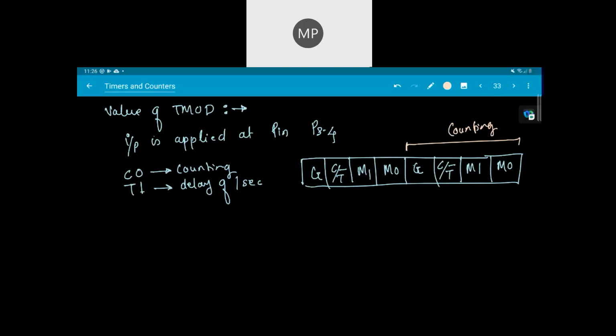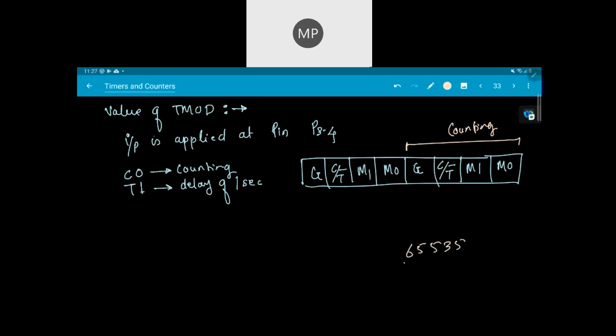Now to do the counting, we have 4 modes same as that of timers and the functionality is also the same, right? So for counter let's choose mode 1 as it gives us the 16-bit value, so we can count up to 65535.